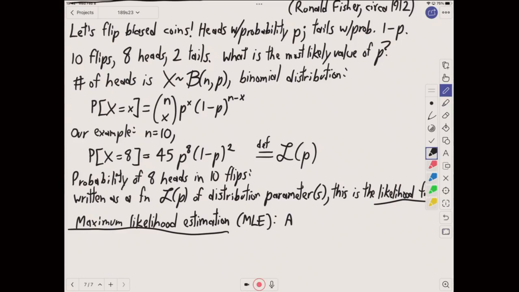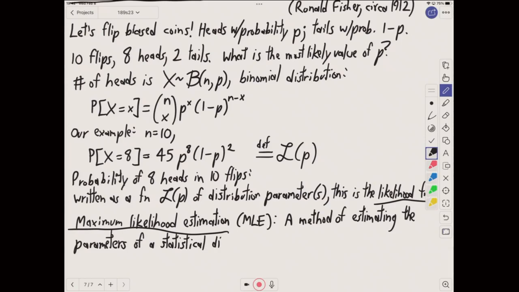MLE is a method of estimating the parameters in a statistical distribution by picking the parameters that maximize the likelihood.